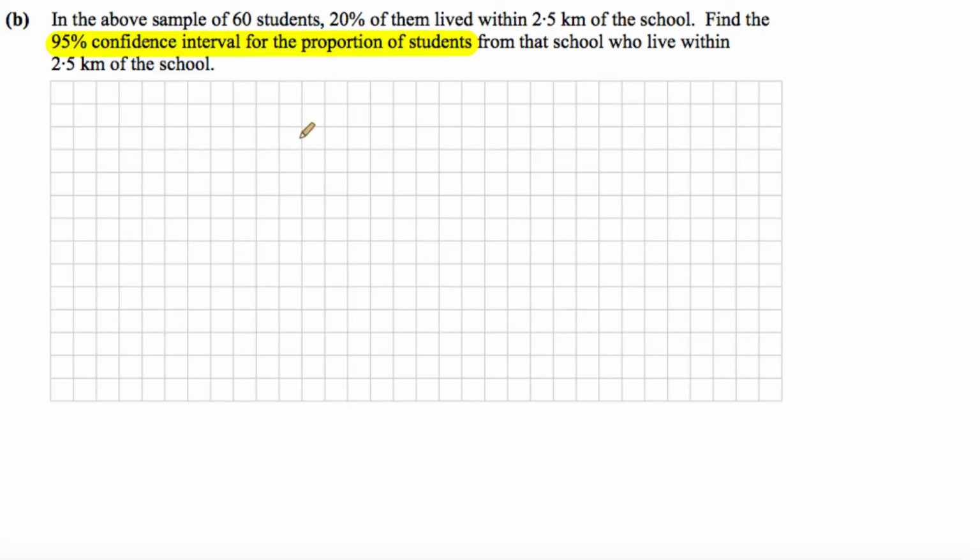Okay, and the formula for that is the sample proportion plus or minus 1.96 multiplied by the square root of p(1 minus p) all over n.